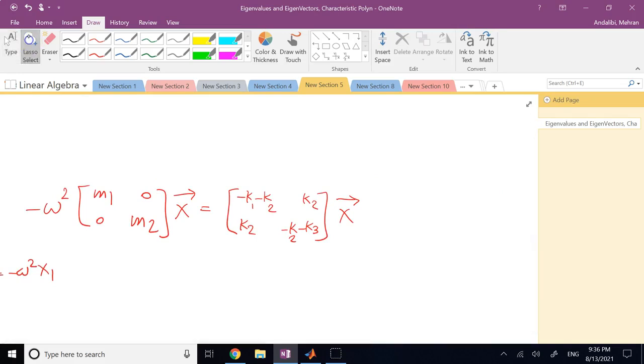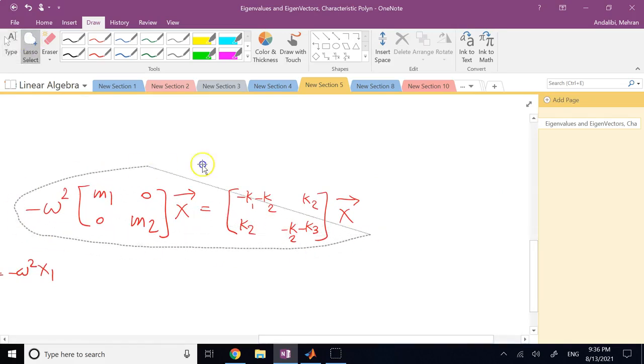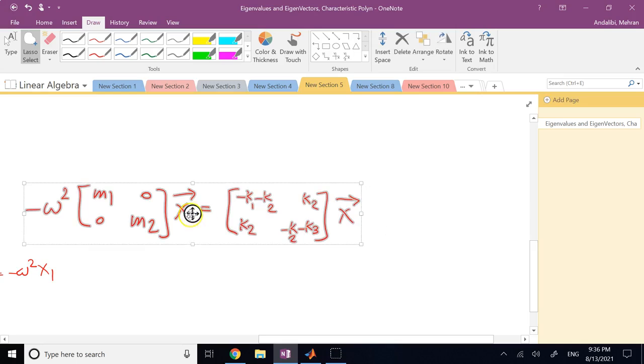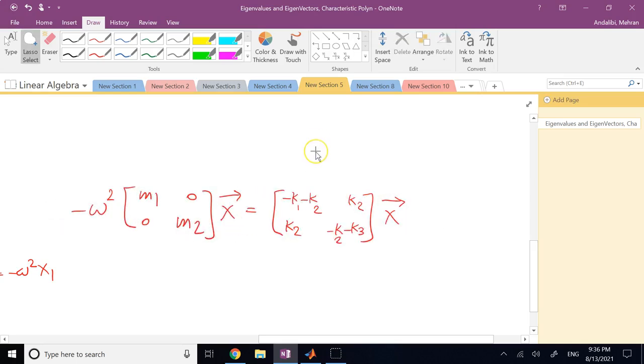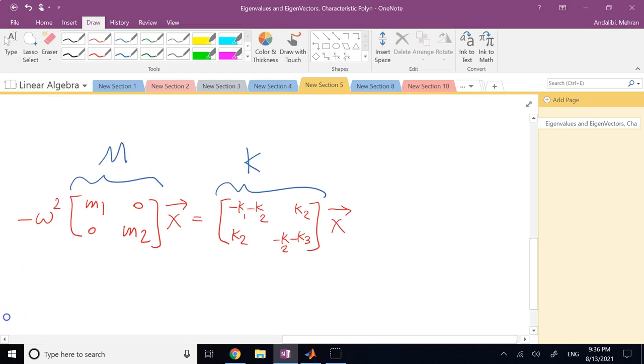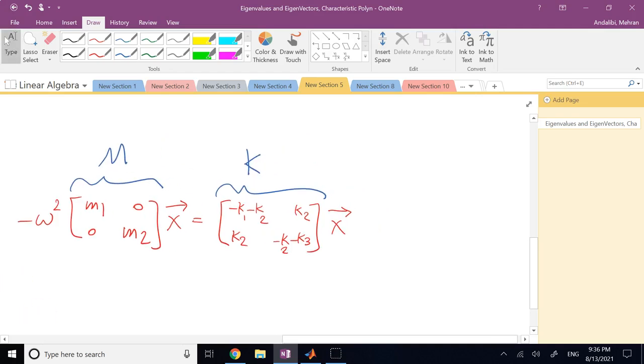And now what you can do is, if you call this the M matrix, which is called the mass matrix, and this the K matrix, which is called the stiffness matrix, you can multiply both sides by M inverse.